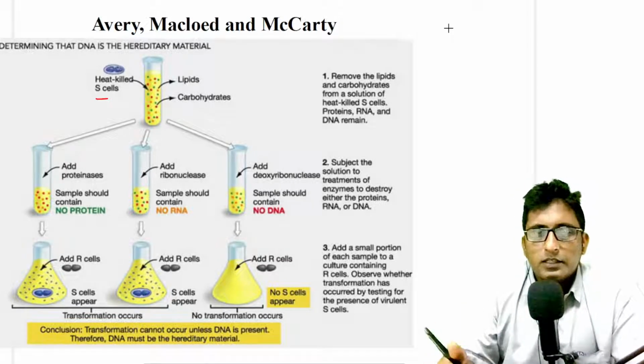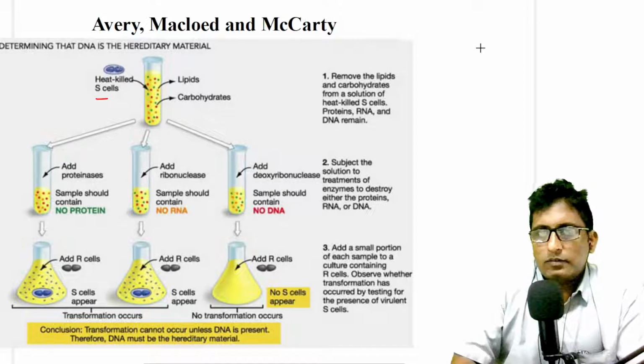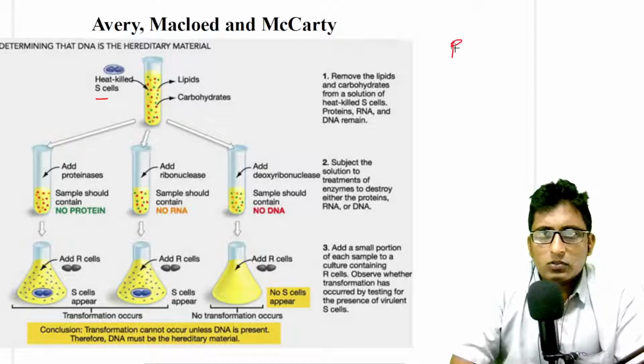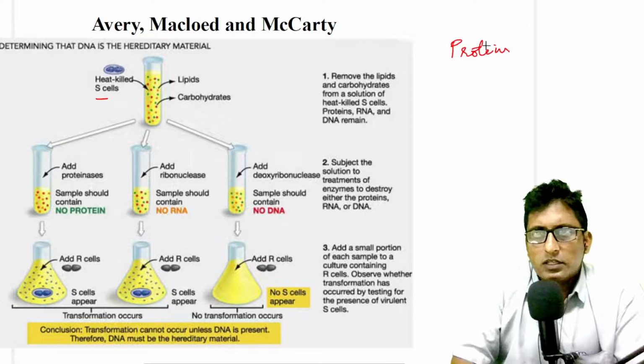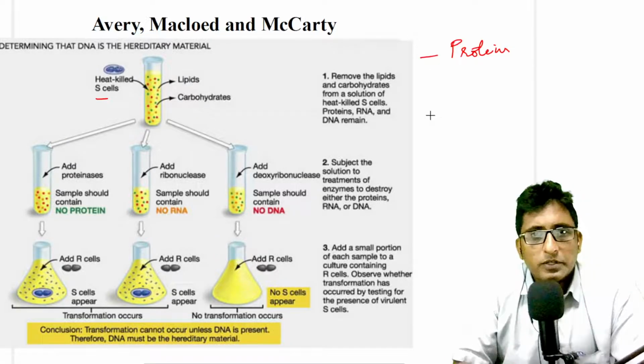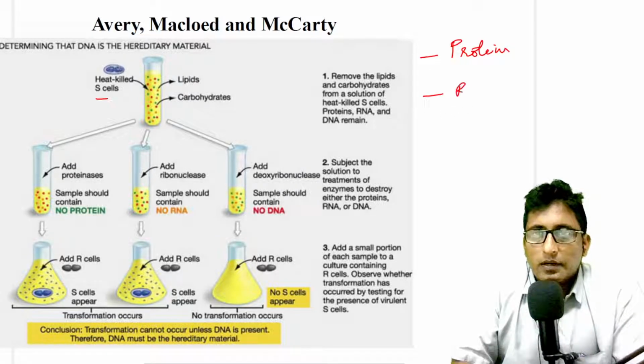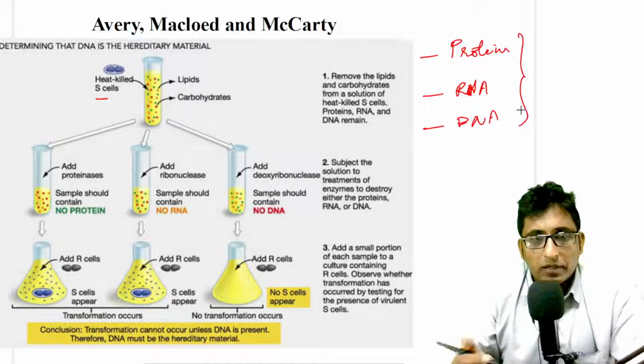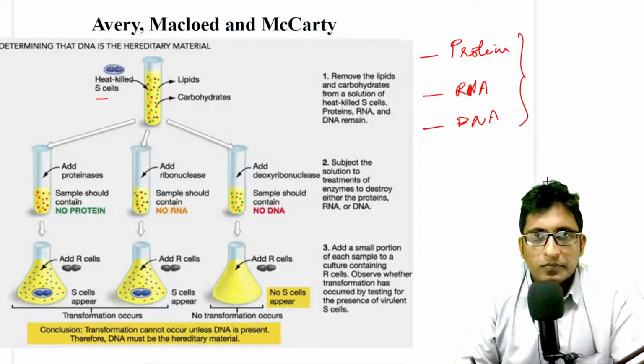Through a series of experiments, they narrowed it down to proteins, which are one likely candidate to be genetic information, RNA, and DNA. One of these three molecules is likely to be the chemical that is acting as genetic information.